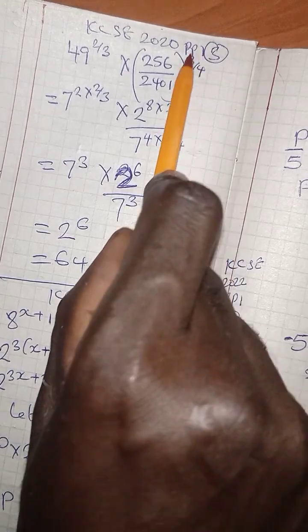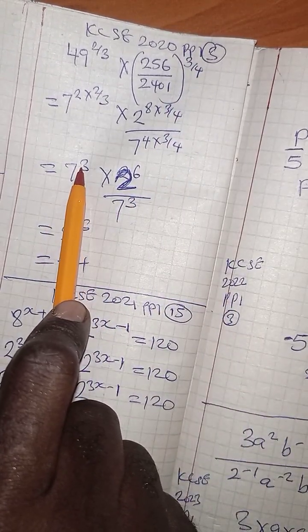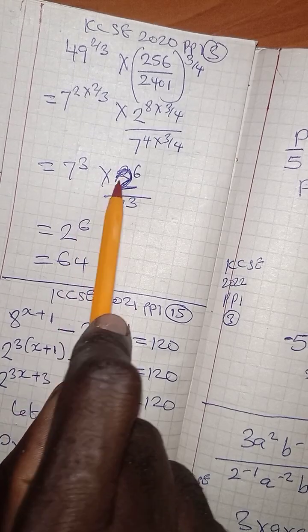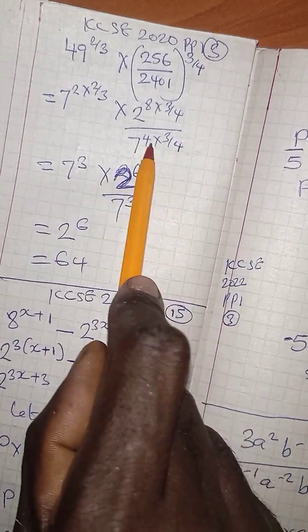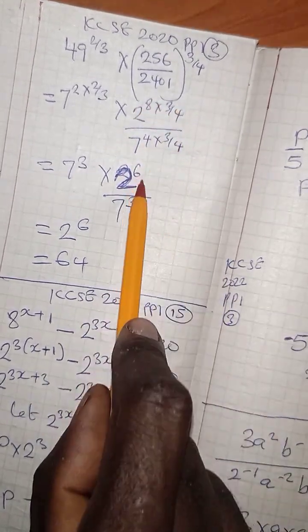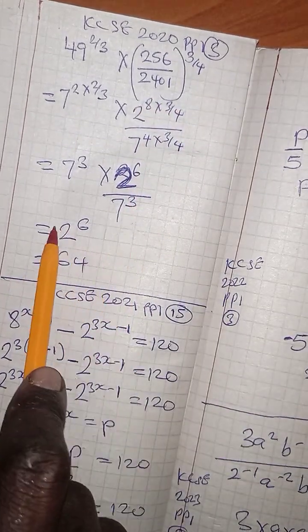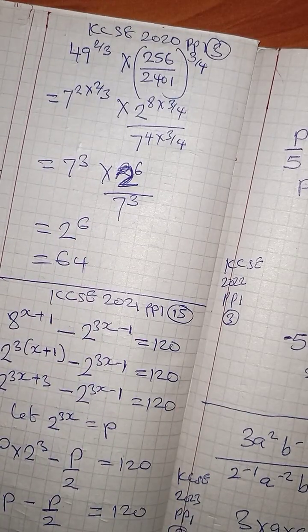Then you multiply by this power. Ultimately, you get 7 cubed multiplied by 2 raised to the power of 6, multiplied by 7 raised to the power of 3. Because here, this goes with this remaining 3. This goes here, how many? 2 times 2 times 3, you get 6. And then solving, get 2 over 6, because this goes with that, so that the answer becomes 64.